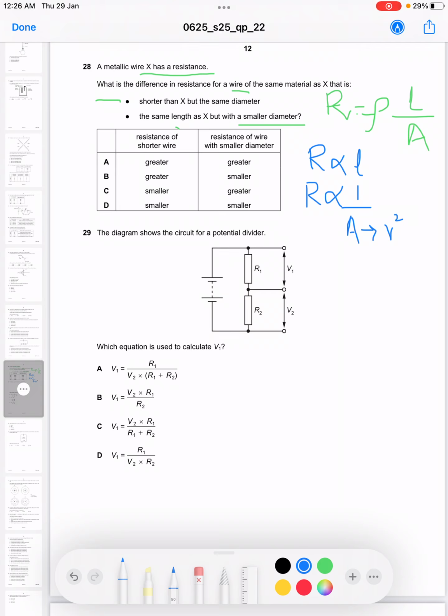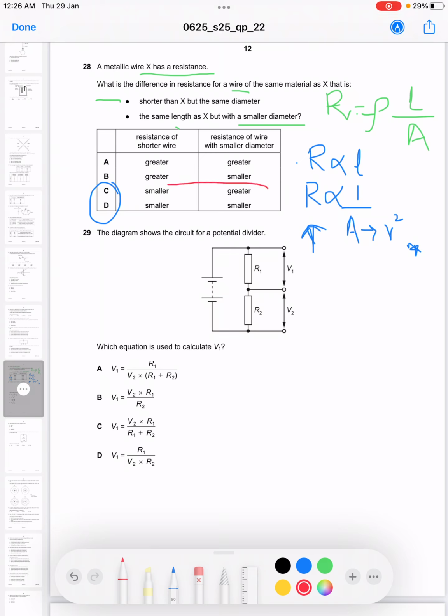So if our length is shorter, the resistance must be smaller, right? So we have option C or option D. And if we talk about the resistance of a wire with smaller diameter, meaning radius decreases, then the resistance increases. So which option is correct?